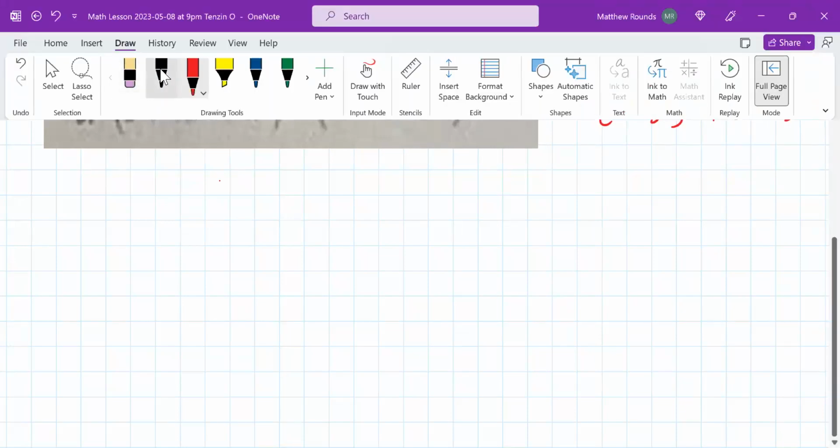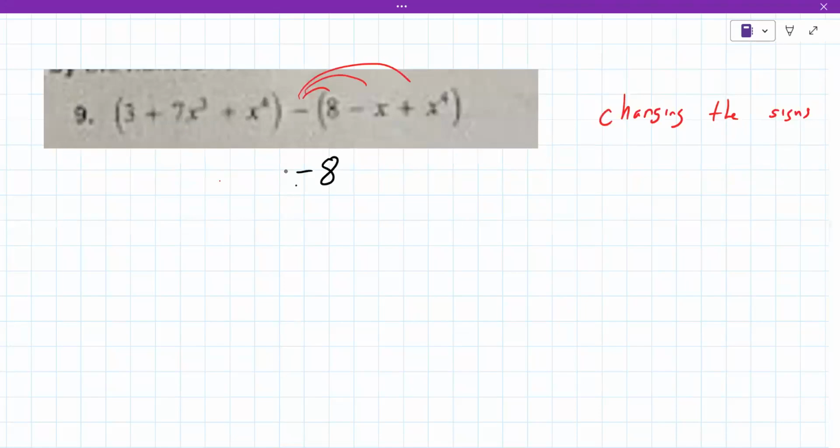It becomes minus 8, because 8 was positive, plus x, because minus x was negative, minus x to the 4th. Is that okay? Yeah.